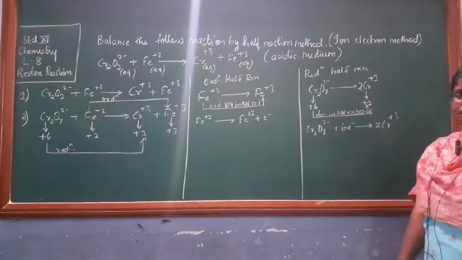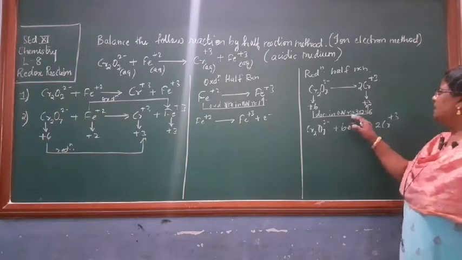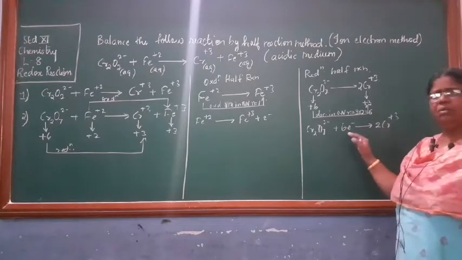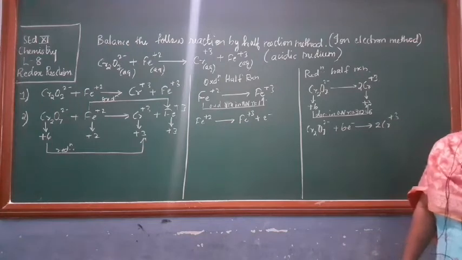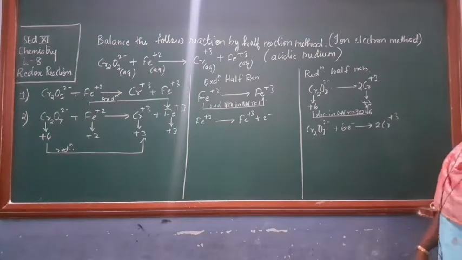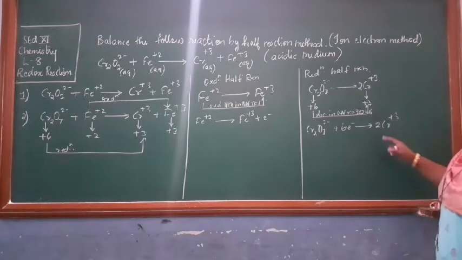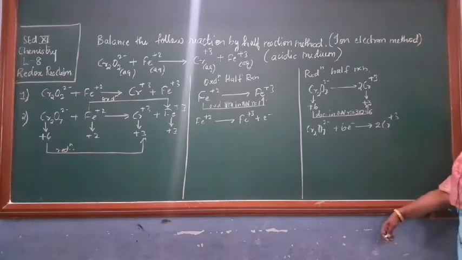Or simply, the value of n that comes here is the number of electrons you should add. Either way you can understand. So you got your 6 electrons being added here.